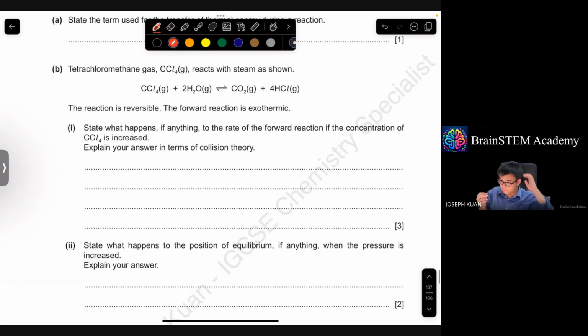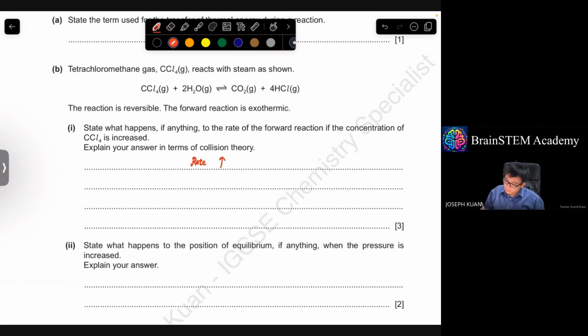Tetrachloromethane gas CCl4 reacts with steam as shown. The reaction is reversible. The forward reaction is exothermic. State what happens, if anything, to the forward reaction rate if the concentration of CCl4 is increased. Explain your answer in terms of collision theory. So, as concentration of CCl4 increases, we should expect to see the rate of the forward reaction increases. Why?